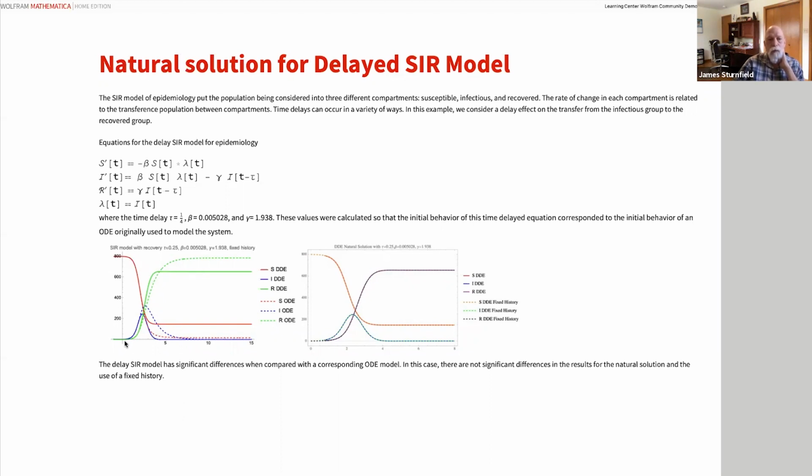In his solution, basically everybody gets infected, and there's a final recovery because everybody's been infected. With my model, you find that there's actually some top level where most people have gotten infected, but nobody else gets infected after that point. And so time delays can have a significant impact on the model.